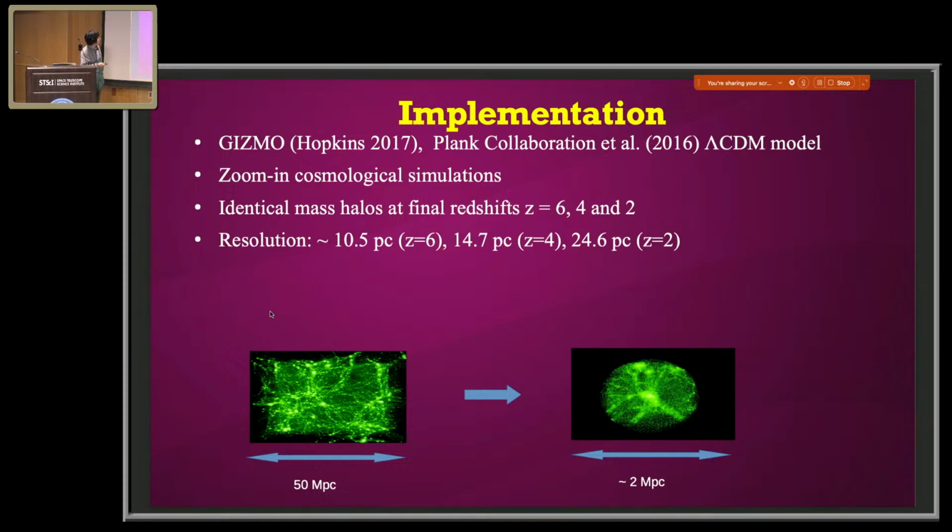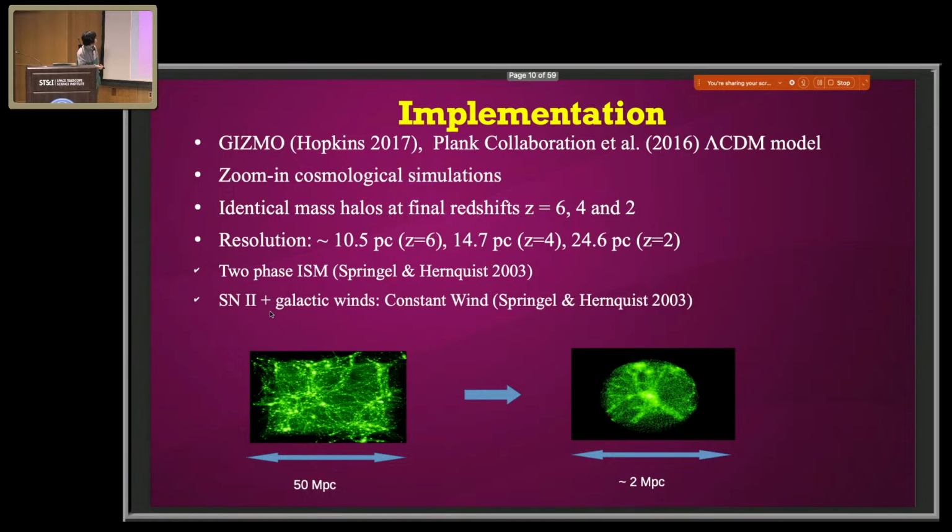We also use the Springel-Hernquist 2003 two-phase model for the star formation recipes, which includes supernova feedback, and we also include galactic wind feedback. For comparison, we apply two different wind feedbacks. The first one is a constant wind, which means the wind velocity is constant.